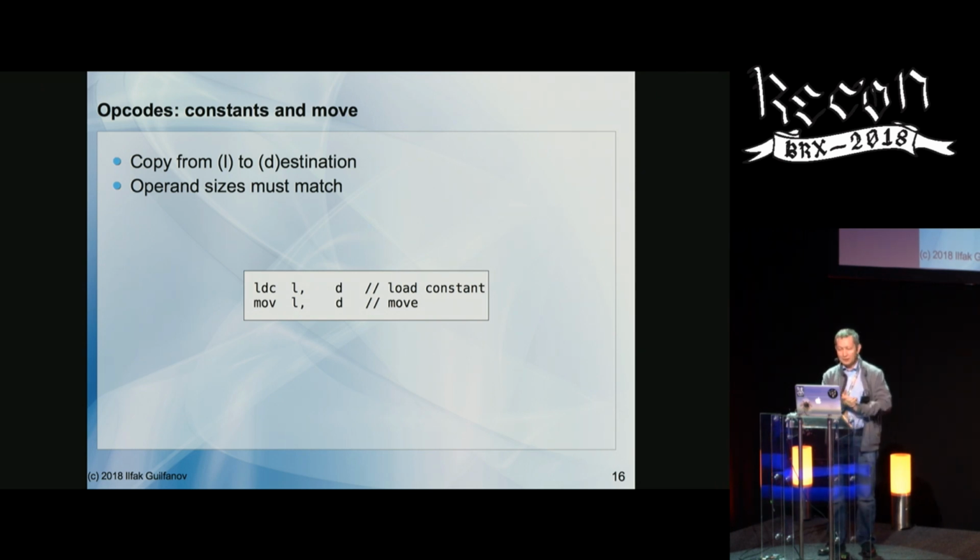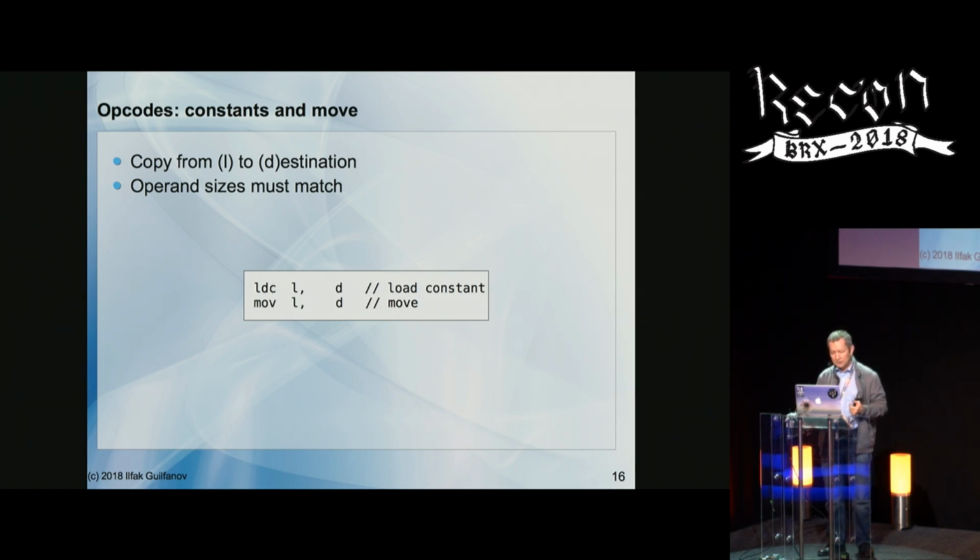Now I will tell you a bit about all these microcode instructions. I will try to keep it fast because most of them are very logical and intuitive. For example, we have 2 instructions to load constants and move values from one place to another. The only restriction here is that the operand sizes should match. They should all be of the same size. We call them left and destination here.